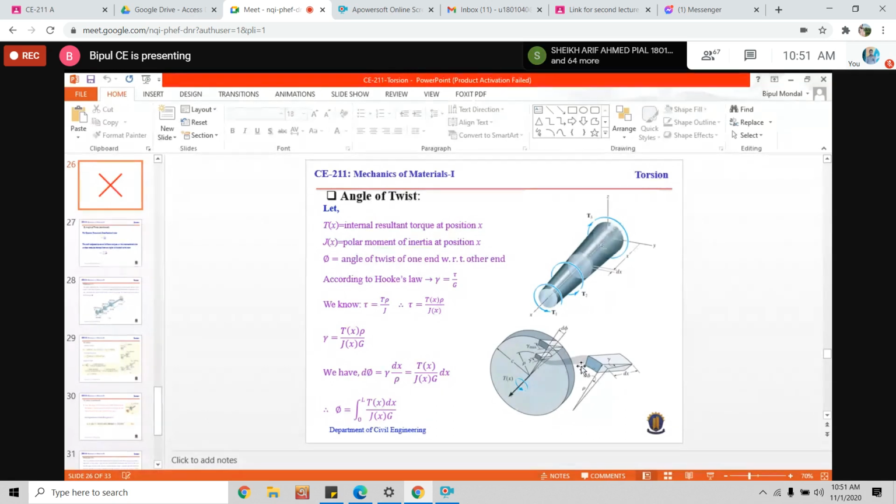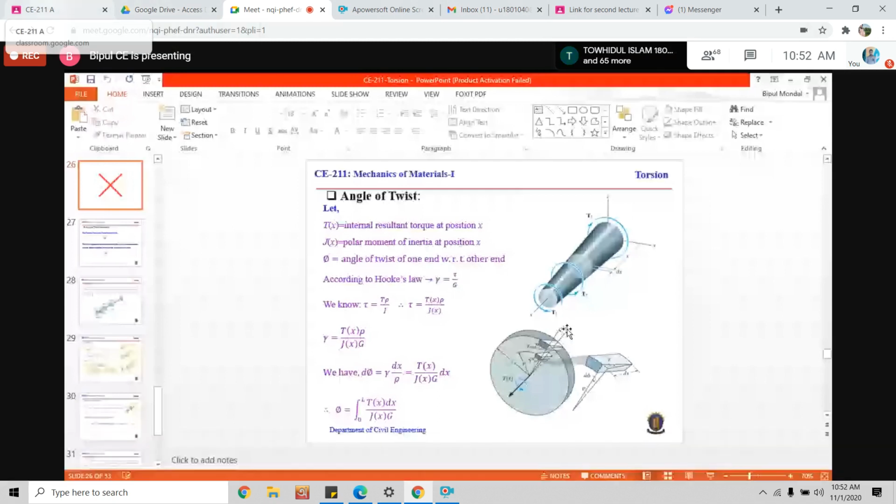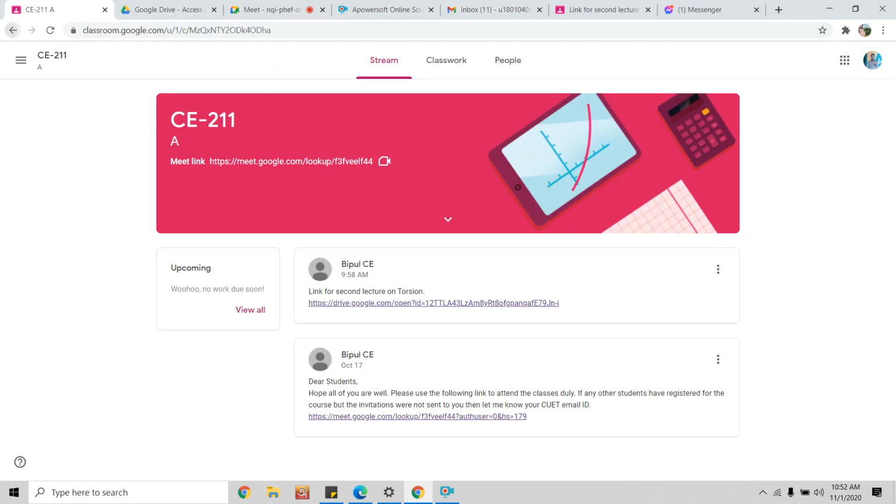So we have taken an element here, and the length of this element is dx. This element will have two cross sections, one at the front and another at the back. The front section is a little farther from the support, and the back section is a little closer to the support.